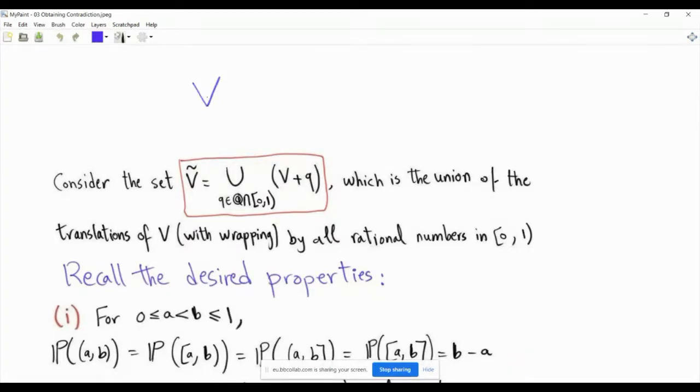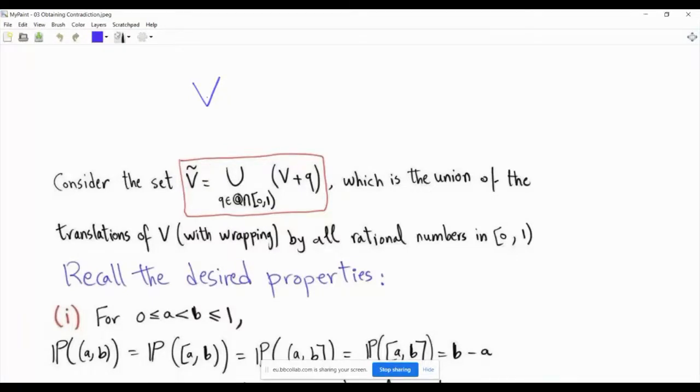Set V, again, is an uncountably infinite set that was constructed by going to the partition of R, and from each subset in the partition, we took one element, avoiding 0 from the set of rational numbers.